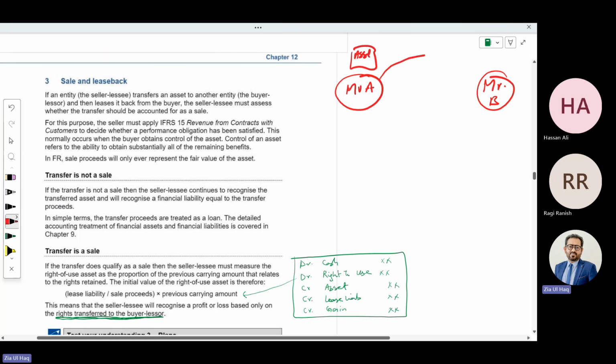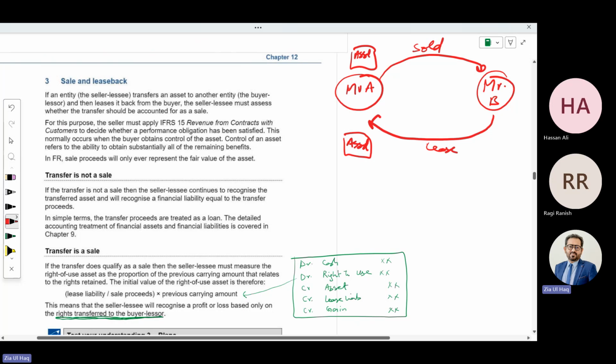He sold this asset to Mr. B. And then he asked Mr. B, transfer this asset on a lease to me. In the asset, still, who is using it? Mr. A.